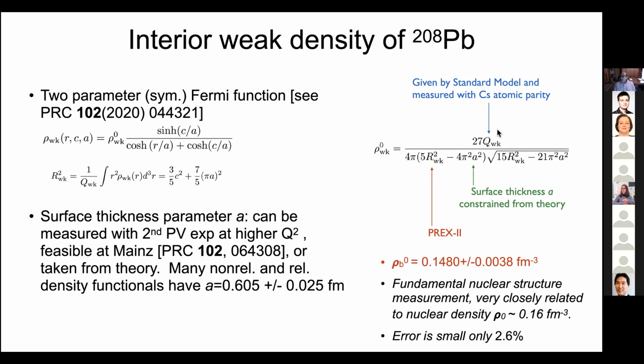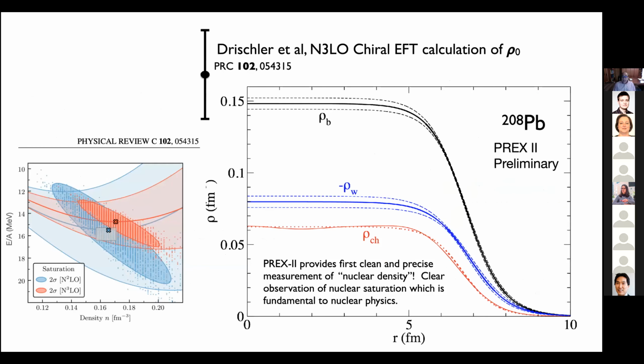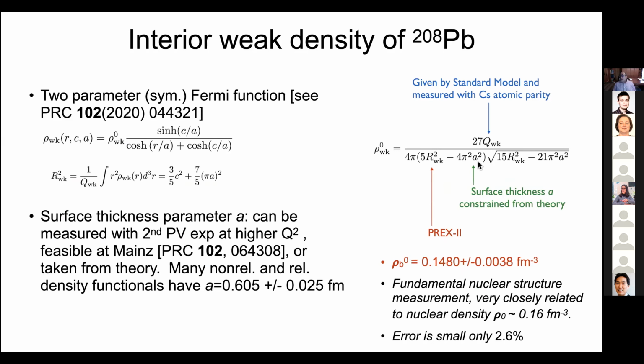And then this is a density, so it goes like the weak charge over the radius actually cubed. So the idea is to use the measured PREX2 value of the weak radius. There's a small correction from the surface thickness. In principle, one can measure the surface thickness with a separate parity experiment at slightly higher momentum transfer.